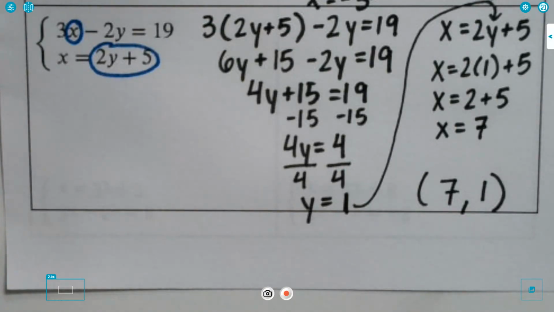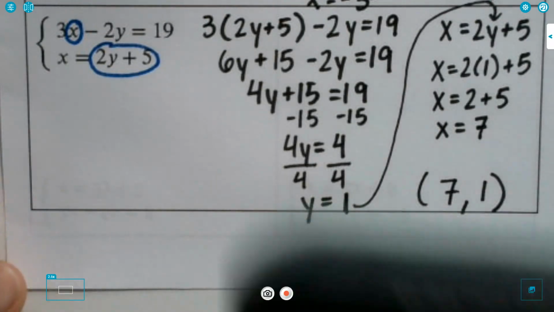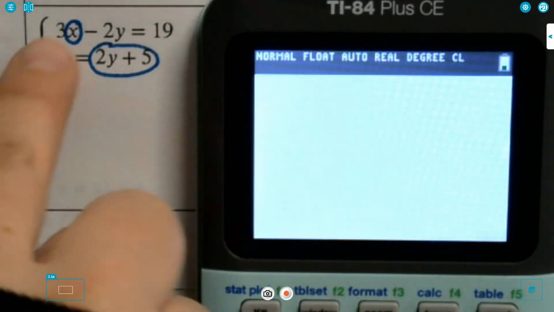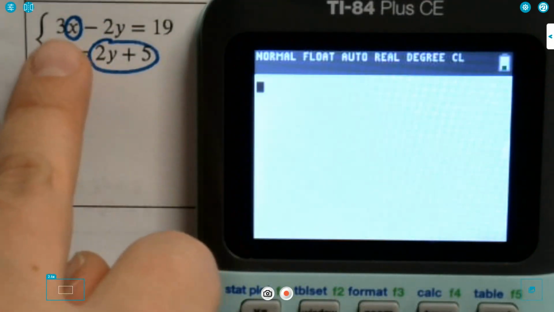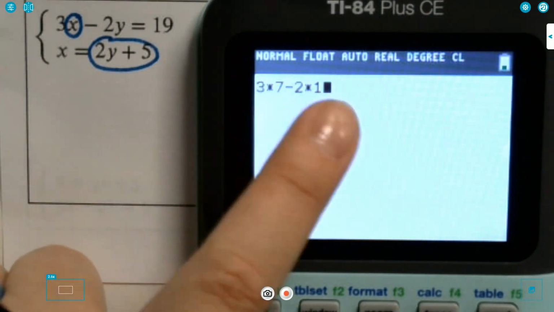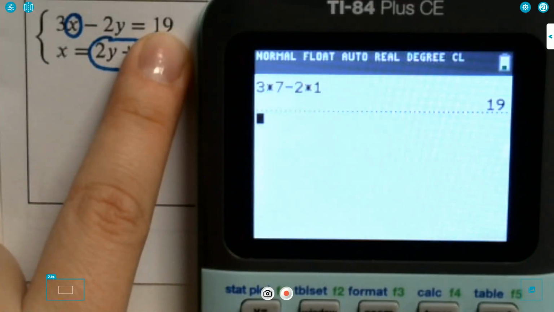All right, so we got an answer of 7, 1. So x is 7, y is 1. If we wanted to check our solution to this problem, we could plug in both x and y for x and y in both equations. So right here, 3x minus 2y, we would do 3 times 7 minus 2 times 1. So I'm plugging in 7 and 1 for x and y. Make sure I get 19.